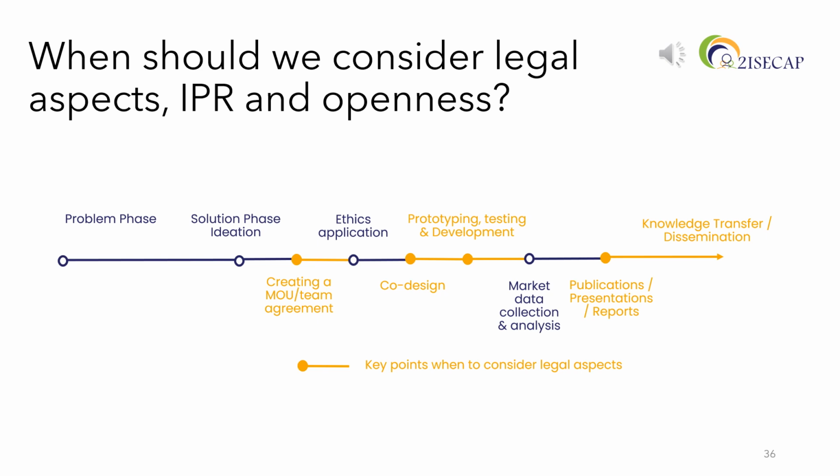So when should you think about open innovation, the legal framework and intellectual property in your innovation journey? It's never too early to align mindsets, values and approaches. Once you have a common understanding of the problem you're trying to solve and you begin to explore promising ideas together, it's time to consider a memorandum of understanding, a contract or an agreement outlining the relevant legal aspects, the team members, the background IPR, and the levels of openness.